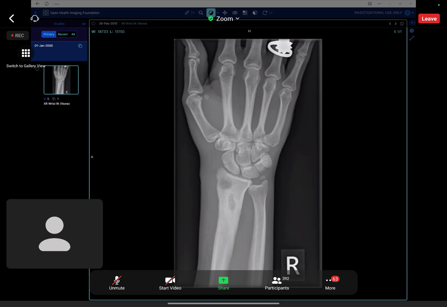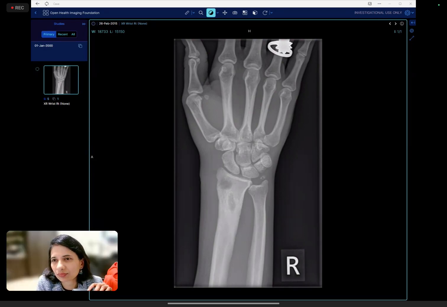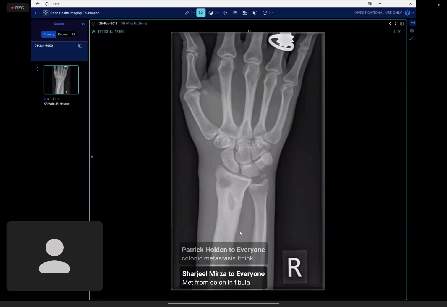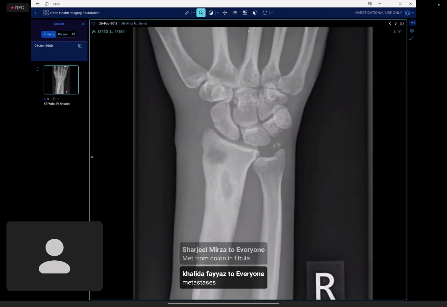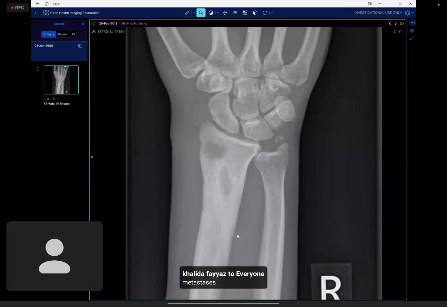I can see some soft tissue swelling or prominence around the distal radius. Apart from that, I don't see any pathological fracture.